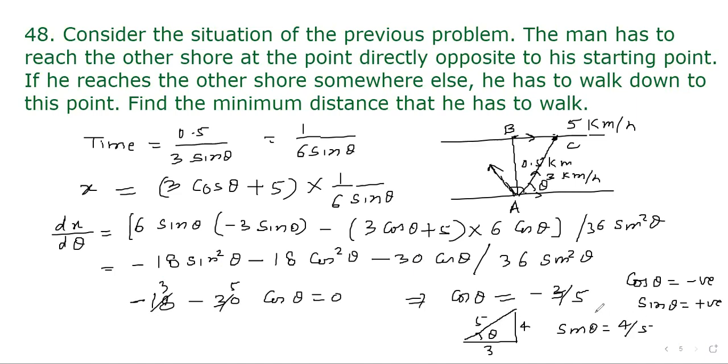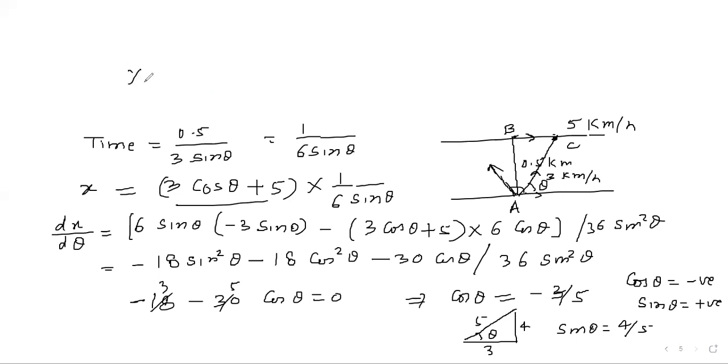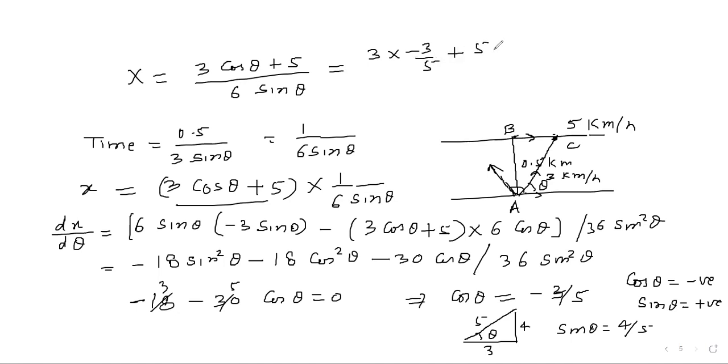Now our concern is to get the distance. So let's evaluate this line. Distance h equals 3 cos theta plus 5 divided by 6 sin theta, which is equal to 3 into cos theta, which we have got as minus 3 by 5, and plus 5, whole divided by 6 times sin theta, which is 4 by 5.